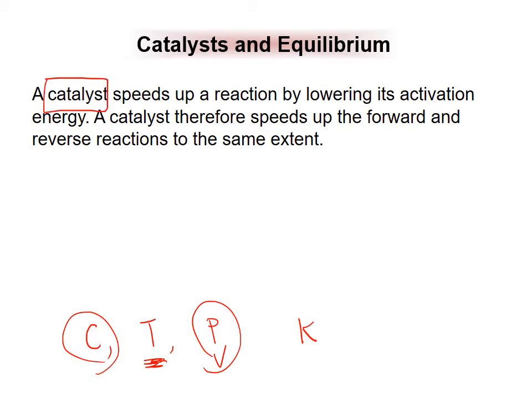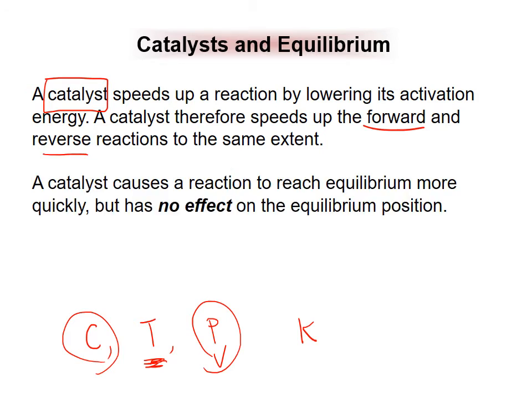As you may have heard, catalysts make reactions go faster. It increases the speed of both the forward and reverse reactions. So in the end, the equilibrium constant doesn't change. It makes the reaction go faster and take less time to reach equilibrium, but has no effect on equilibrium position.